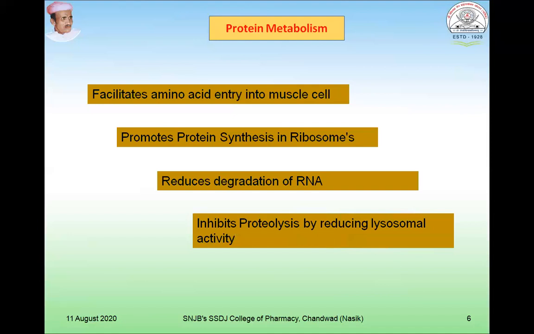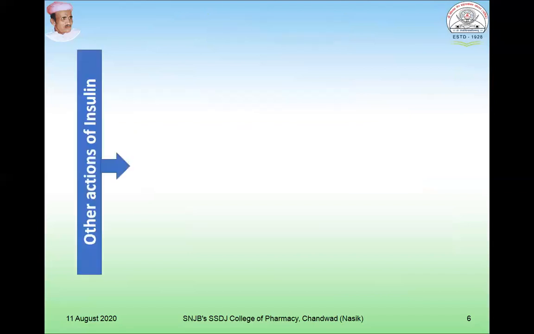Insulin also inhibits proteolysis by decreasing lysosomal activity. Thus, it decreases release of amino acids from muscle and inhibits their oxidation. So, these are the various effects of insulin on carbohydrate metabolism, fat metabolism and protein metabolism.